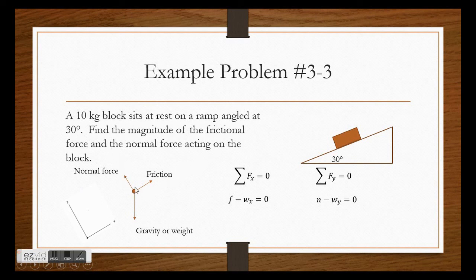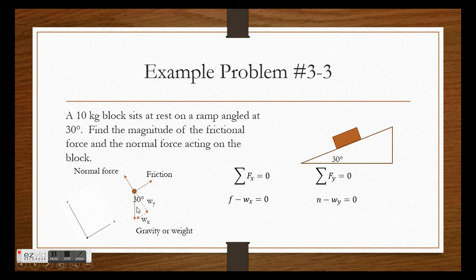So I have friction minus the x component of weight equals 0, and normal force minus the y component of weight equals 0. So to figure out what these components are, we're going to fill in a triangle here. Here's the y component of weight and the x component of weight. Again, the y component is perpendicular. Now, if the angle of the ramp is 30 degrees, this angle is also 30 degrees.